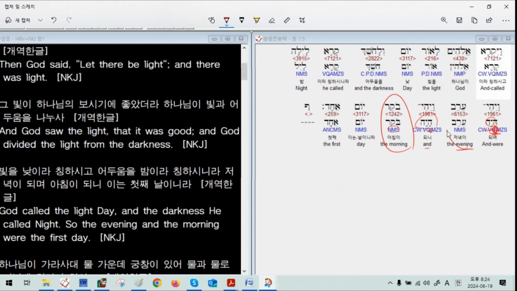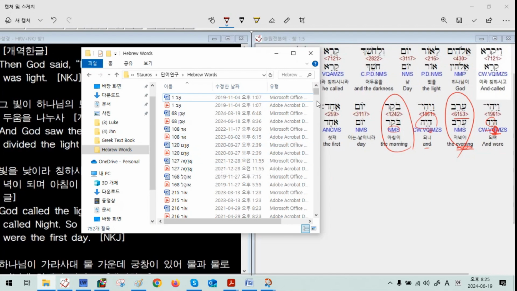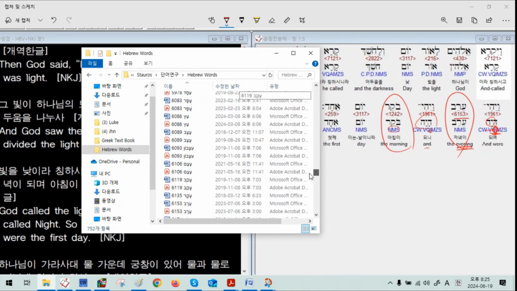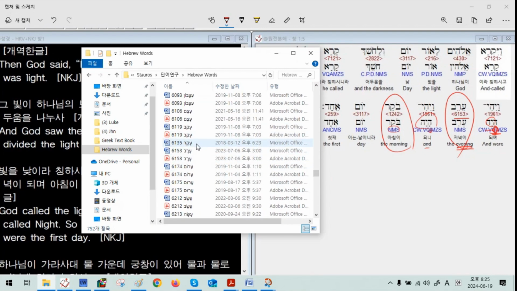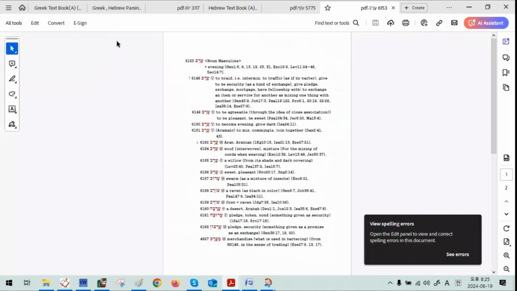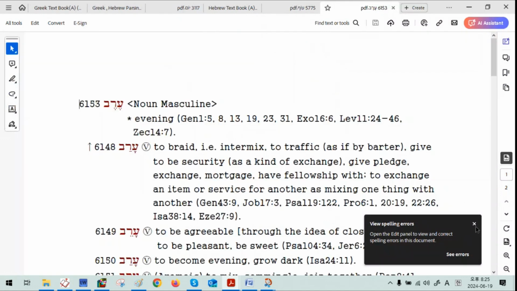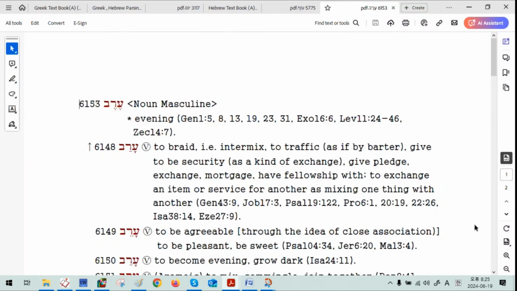Then what is the morning? What does the evening mean? Let's look at the evening. 6153 in my dictionary. If you look at the meaning of the evening, Erev is the evening.